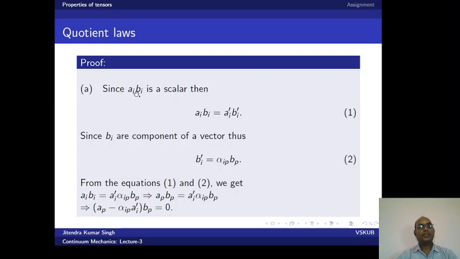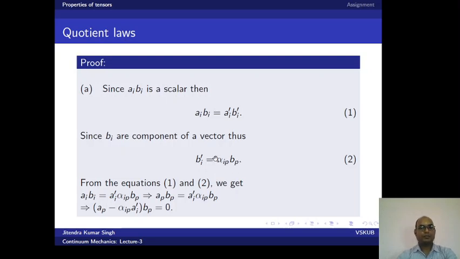Since a_i b_i is a scalar, it follows the transformation rule for a zero order tensor. It is a scalar invariant, so you can write a_i b_i is equal to a_i dash b_i dash. And since b_i are components of a vector, it follows the transformation rule for a first order tensor, so b_i dash is equal to alpha_ip b_p.